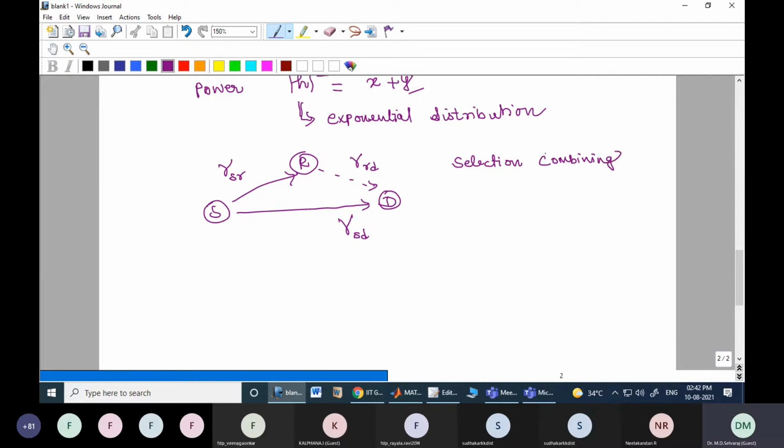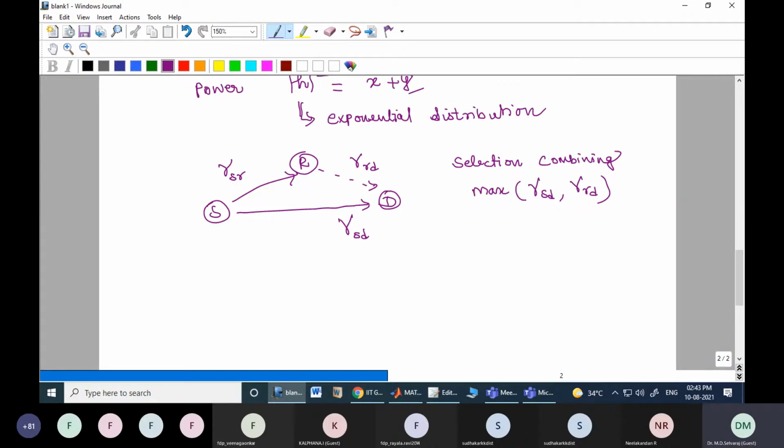I just need to find which of the two SNRs is the maximum, gamma ST or gamma RD, and choose that link for that symbol. Then I transmit thousands of symbols, and finally find the average, which gives the average symbol error probability.